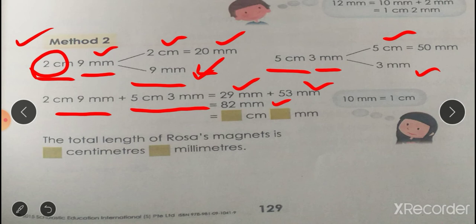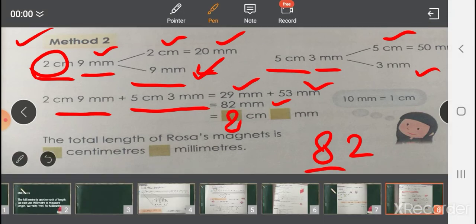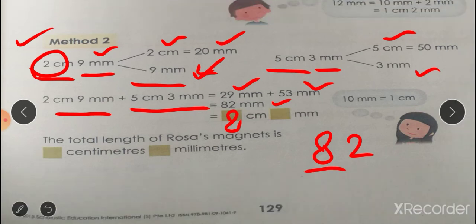So now again we have to convert millimeters into centimeters. If we look at the tens, there are 82. So how many tens are there? There are 8 tens. So 8 tens millimeter means 8 centimeter. And how many ones are there?